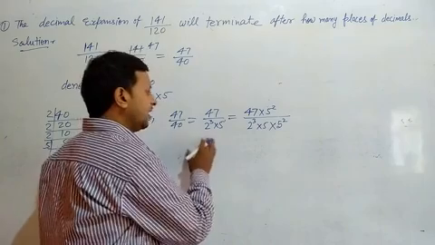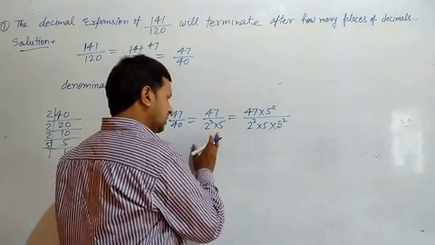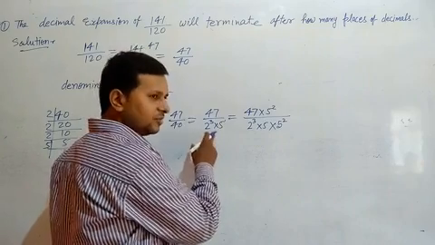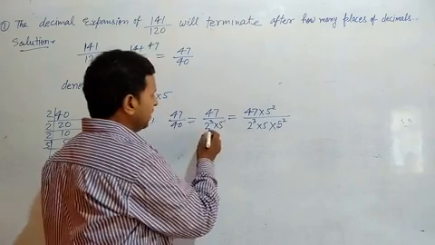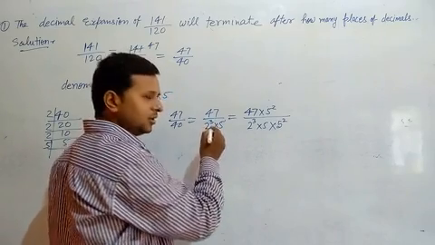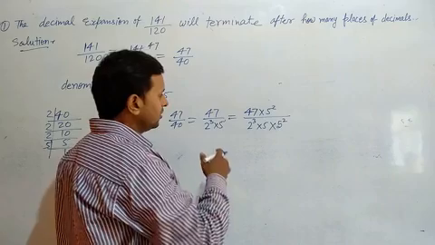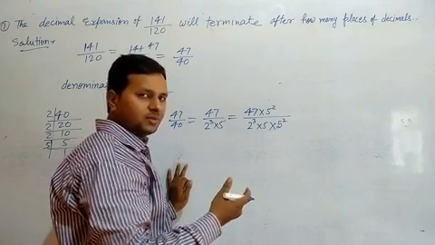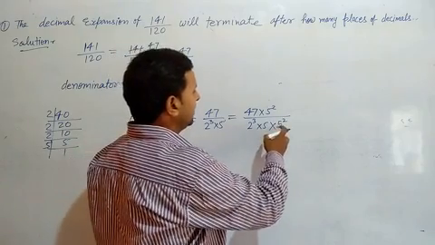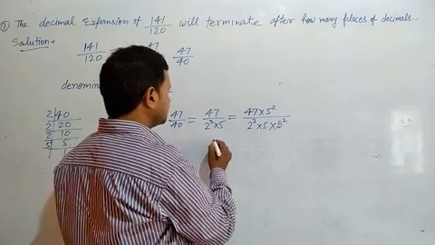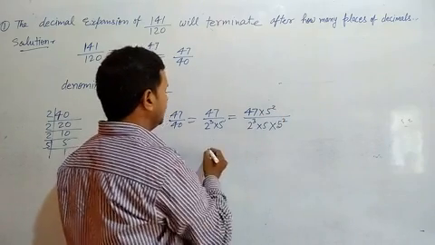Because we have to get the denominator in the form of 10. One 10 is completed, but two 2s remain, so we multiply by 5 squared, meaning 2 times 5.